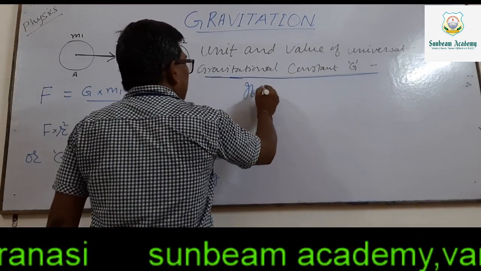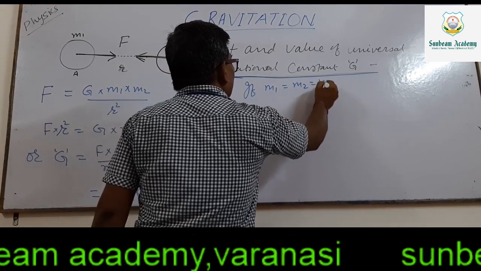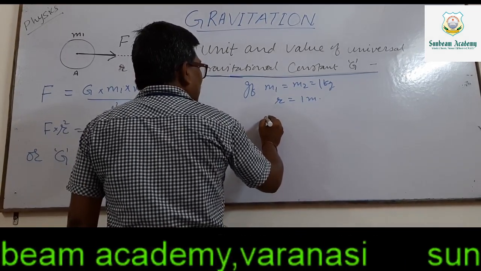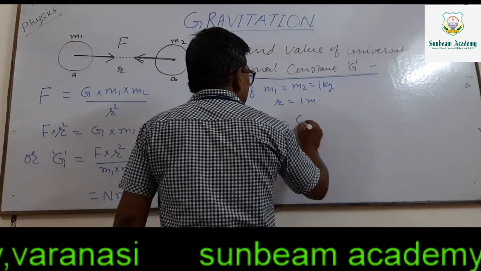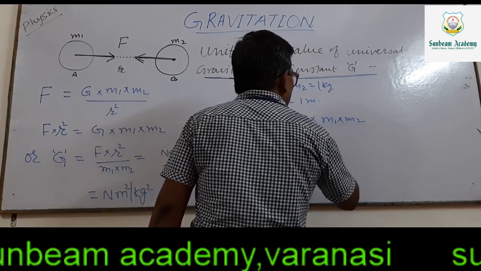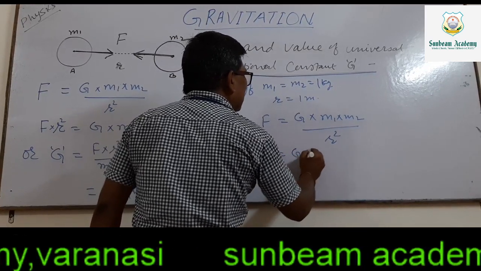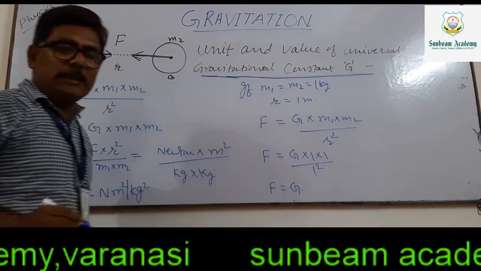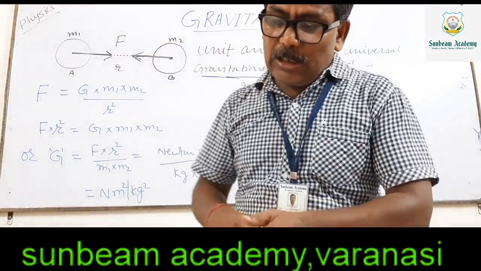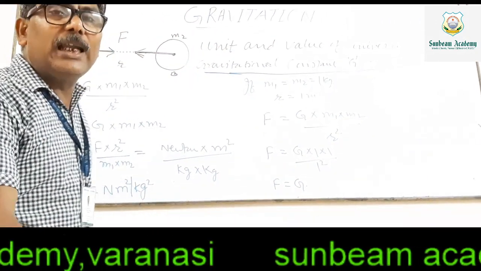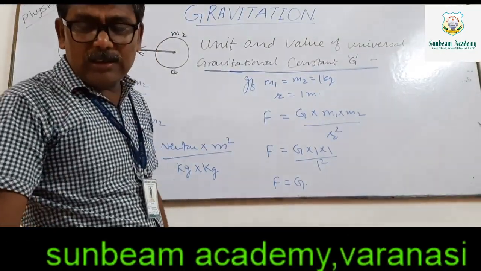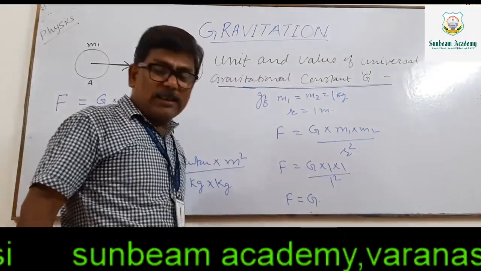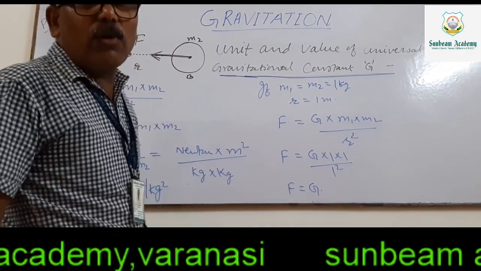Now if m1 is equal to m2 is equal to 1 kg each and the distance between them is 1 meter, then you can say that F is equal to G into m1 into m2 upon r square, that is F is equal to G into 1 upon 1 square, that is F is equal to G. It means that universal gravitational constant is numerically equal to the gravitational force of attraction between two bodies, each of unit mass, kept at unit distance from each other.